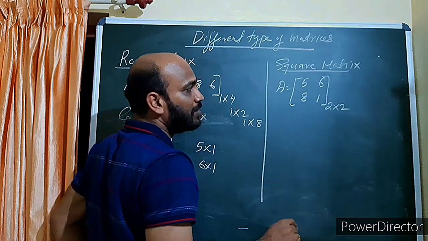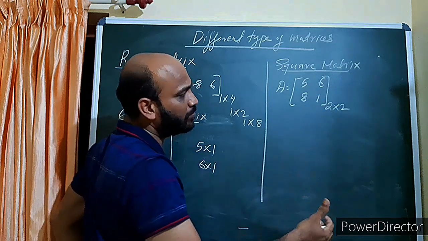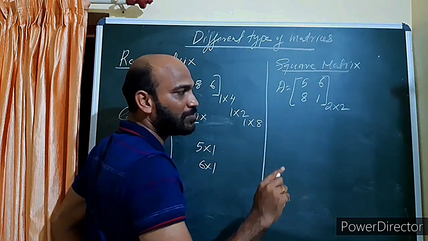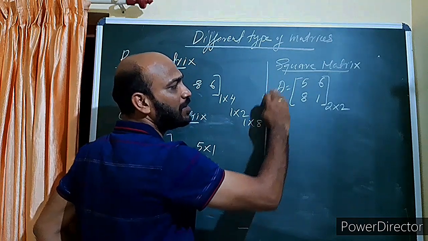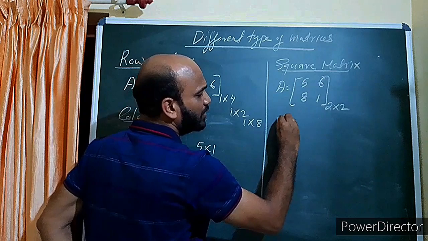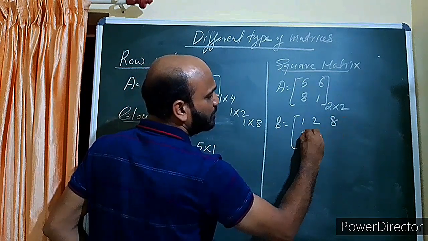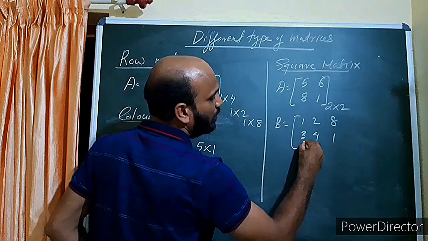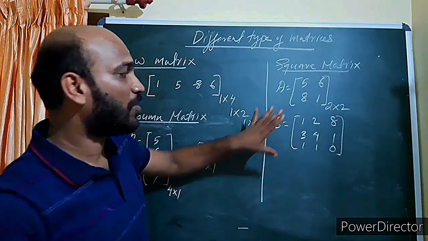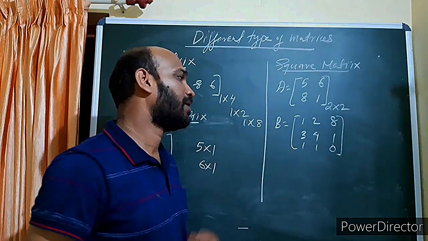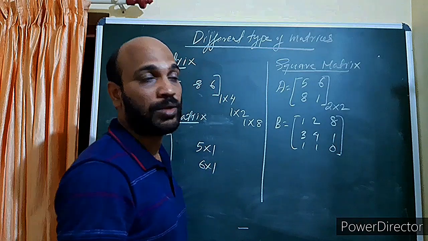We can read it as a matrix of order 2. We need not write 2 by 2 because the number of rows and columns is the same. Second example, B equal to 1, 2, 8, 3, 4, 1, 1, 1, 0. B is a square matrix of order 3, because it has 3 rows and 3 columns.